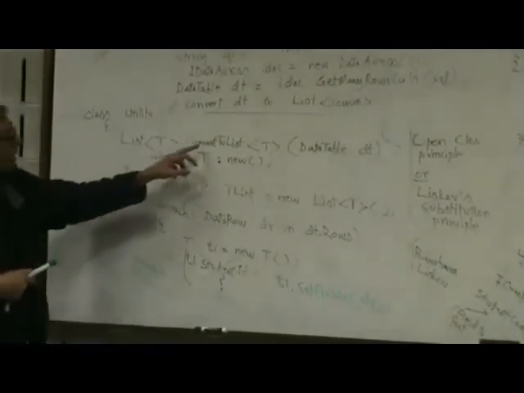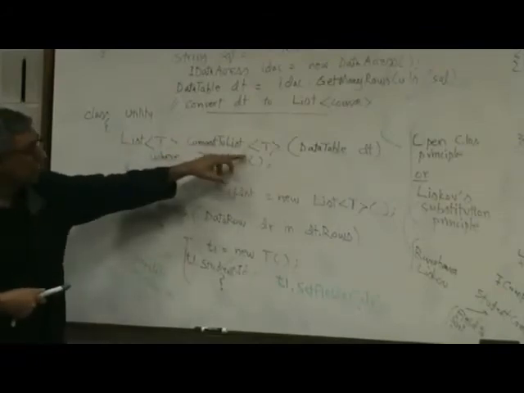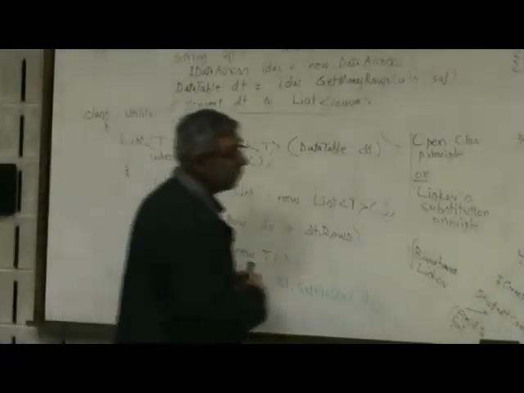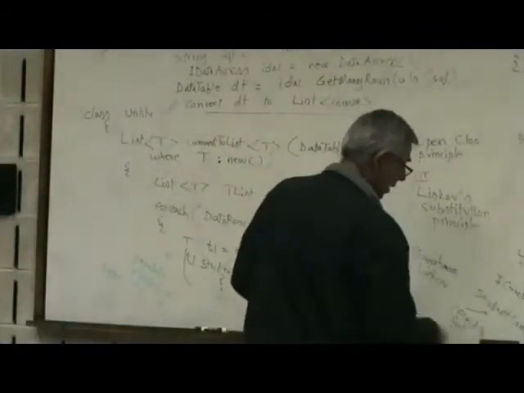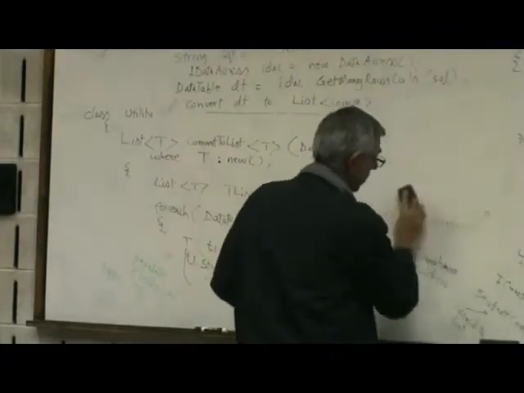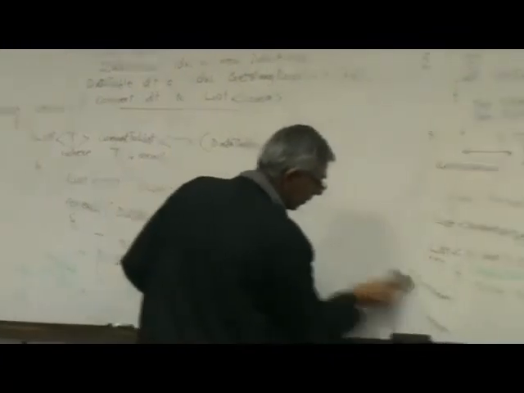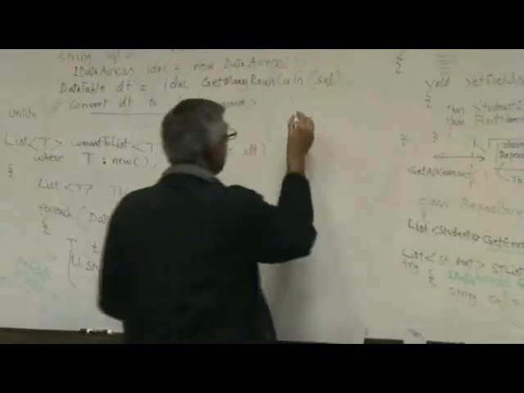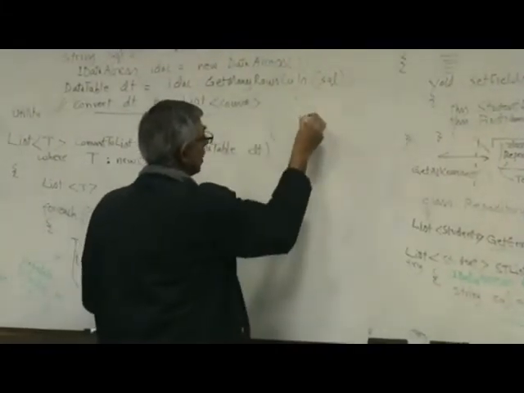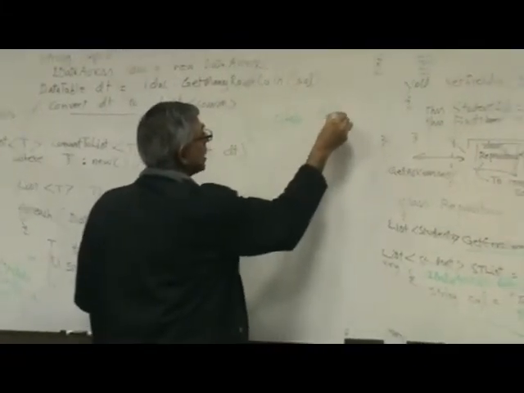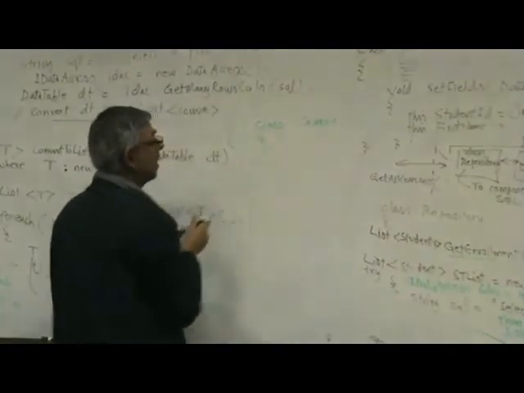What if now somebody triggered this method with the course, they wanted to convert the data table to a list of courses? Then what do we have to do? Type T. So let's go over here. Now in our class called course, what's the responsibility that we have now?